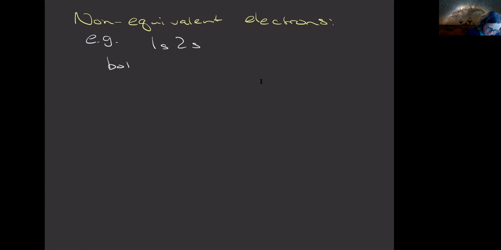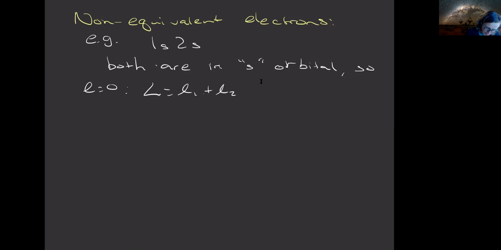Both are in the s orbital, so l is equal to 0 for both of those, which means that the total L, which is l1 plus l2, is equal to 0.